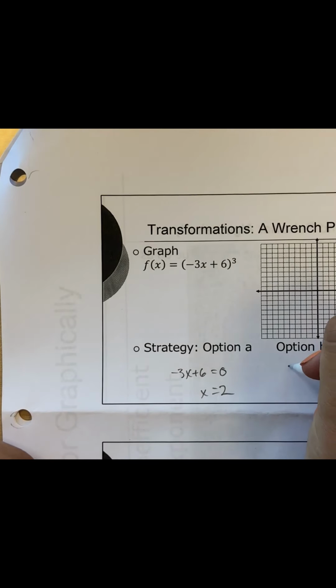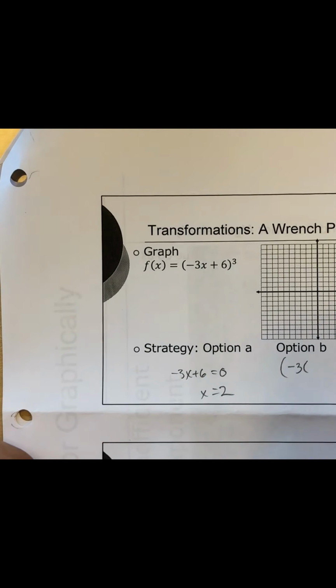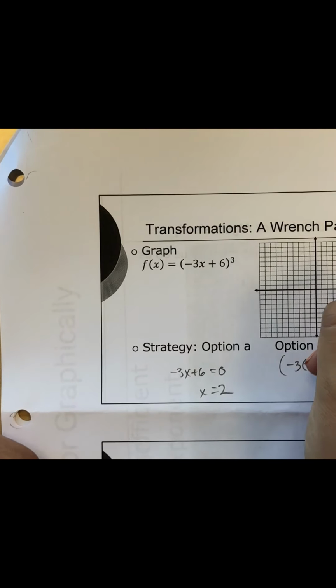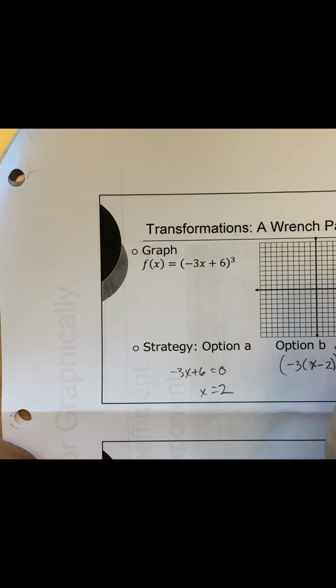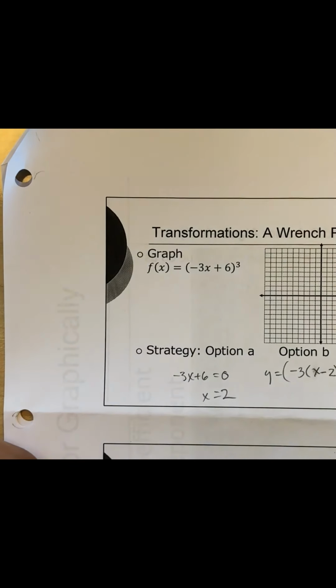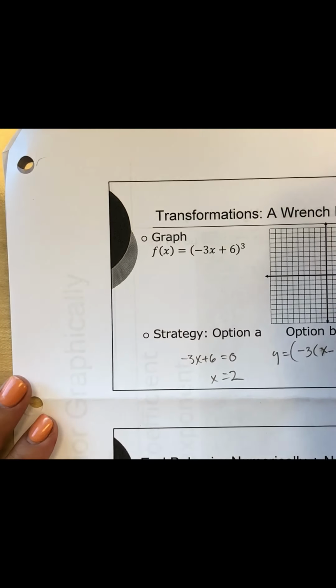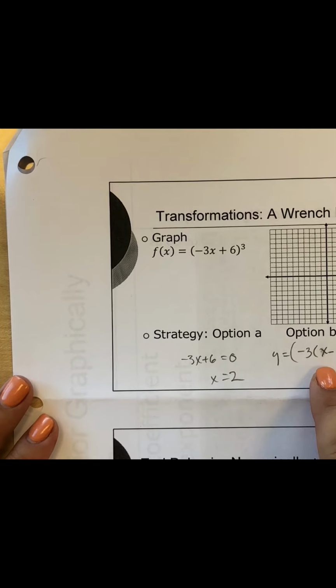I could also factor out. Factoring out can be a little bit tricky because you have to use double parentheses. So x minus 2 cubed. Okay. So either way, I know my center is at 2. Or if I factor out, I see that I go right 2.